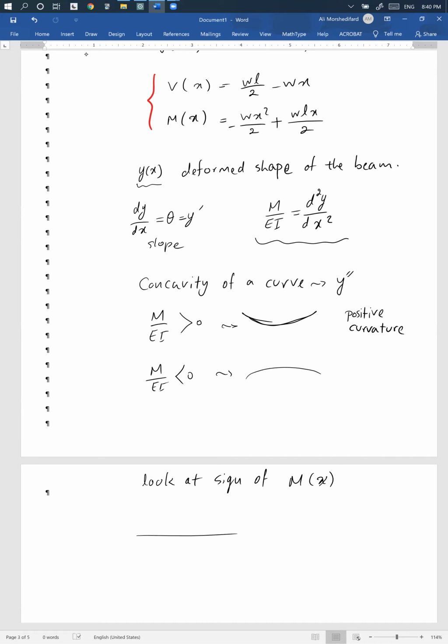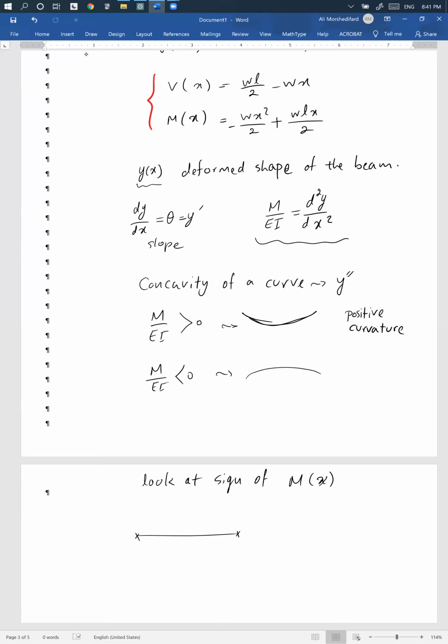So I have M(x) at 0 is 0. I'm plotting the moment. Moment at the other end should be 0. And in between, let's put L over 2, M of L over 2. Or you can also do one thing.